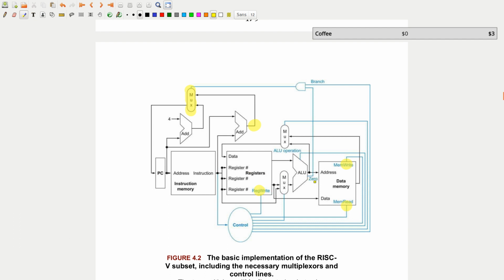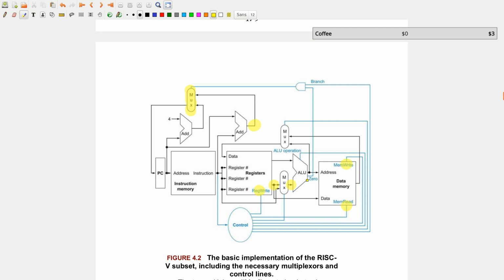We have the ability to either send something directly from instruction memory to this ALU, or take a value from the input of a multiplexer. This stays the same. We can just tie the register file to the ALU because for every instruction, we're going to need at least one register, at least with our current setup.